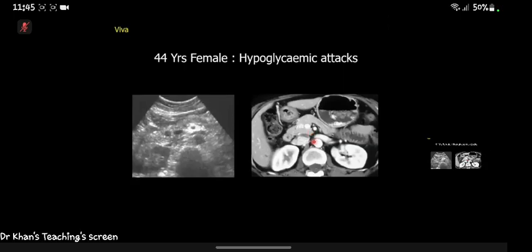So I'm presented with spot images from ultrasound scan and CT scan with arterial phase of a female patient with hypoglycemic attacks. On ultrasound, I can see an abnormal hypoechoic rounded lesion within the head or at the junction of the head and body of the pancreas.